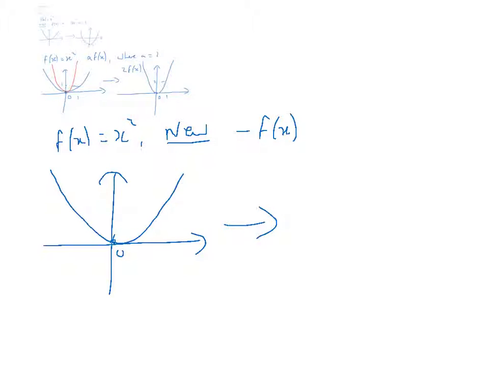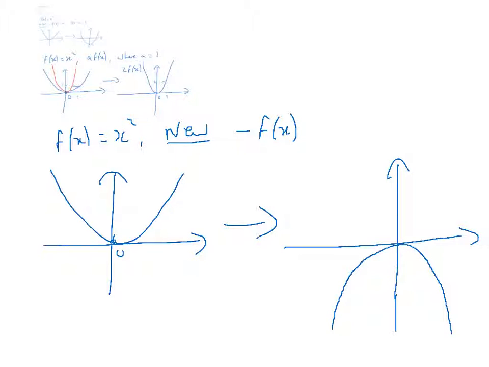And with this minus f of x, remember, all the y values are times by minus 1. So it's reflected about the x-axis. So actually it's just flipped upside down like so. And there we go. There are the y transformations in practice.